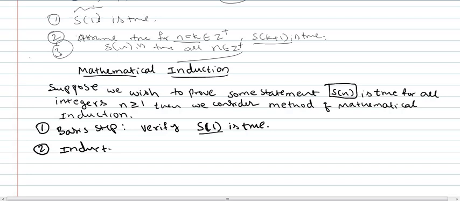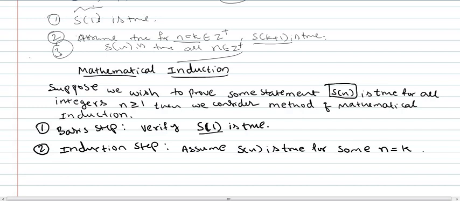Next is the induction step. In the induction step, assume S of n is true for some n equal to k, where k is greater than or equal to 1, or k is a positive integer.